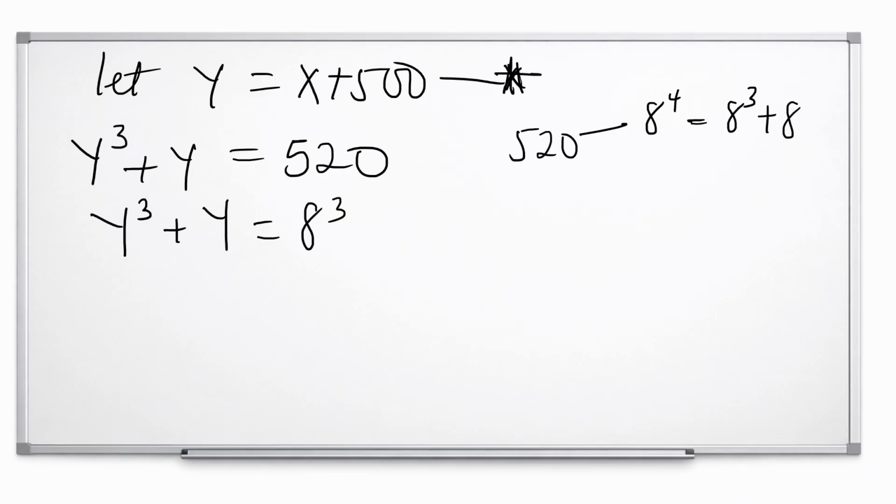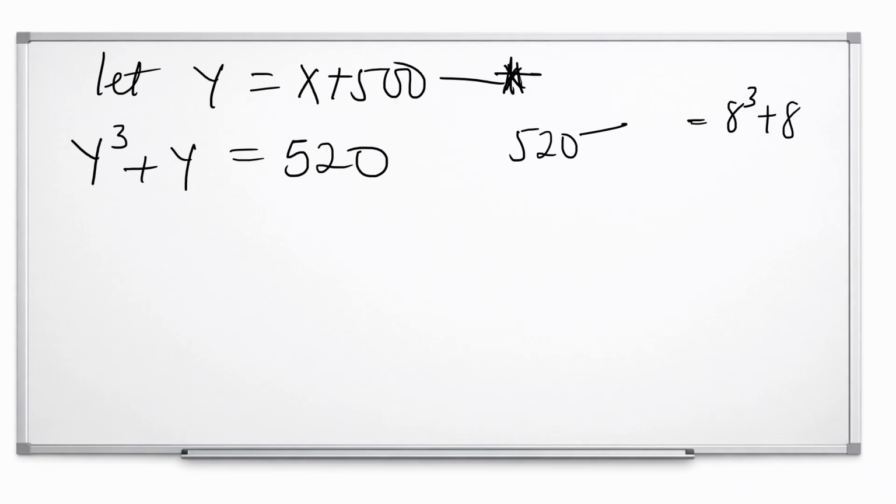This is done so that the left hand side and the right hand side can look alike. So here 520 is 8^3 + 8.